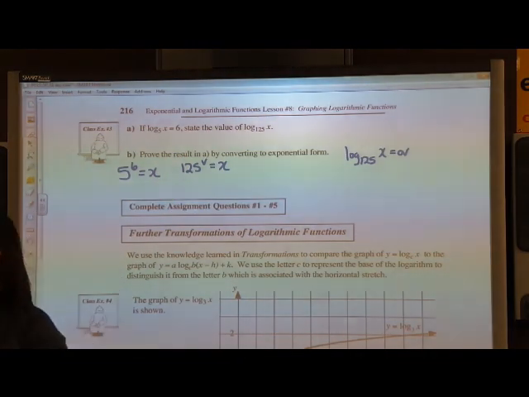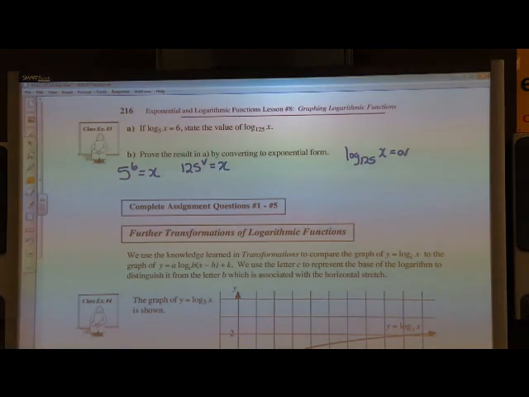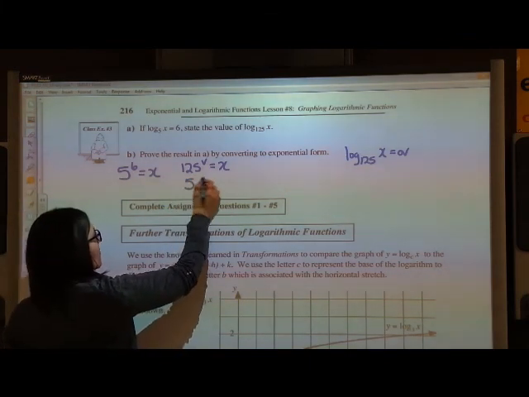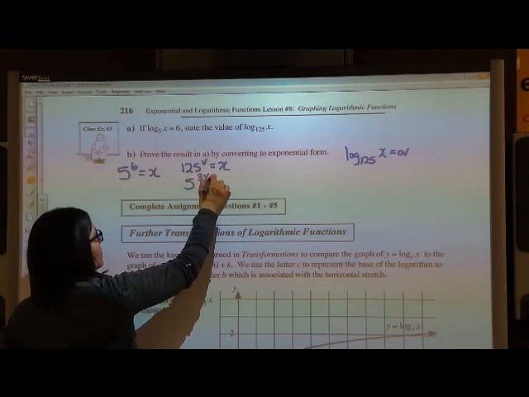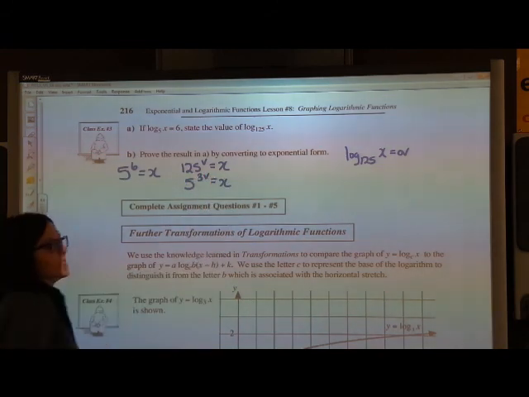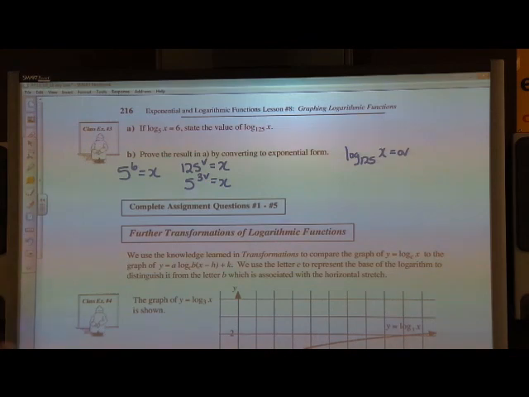So how do I write 125 as a base of 5? 5 to what power equals 125? 3. So I get 5 to the power of 3v is equal to x.